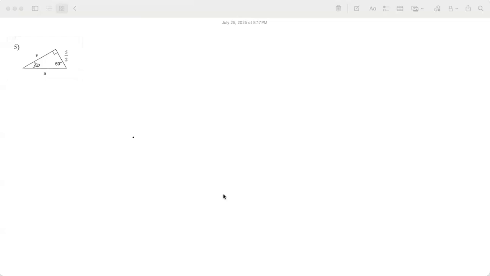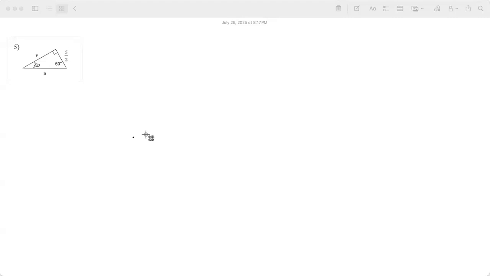How about this? That's an easy problem. I just don't want it to be too easy as well, guys. So let's see this one. If you're given the side opposite to 30, then it becomes very easy. How about this?